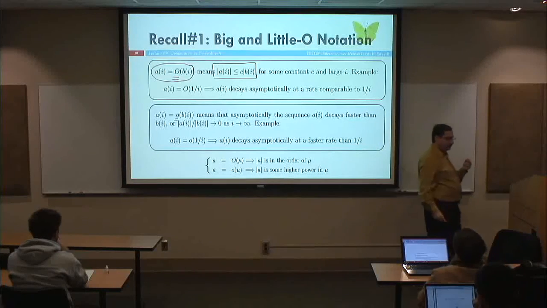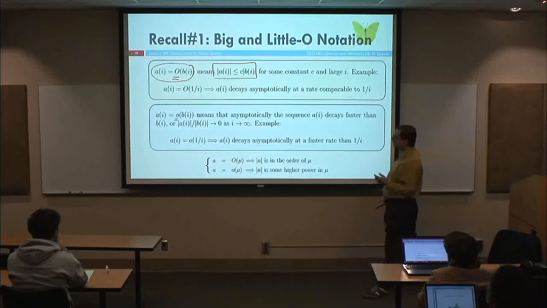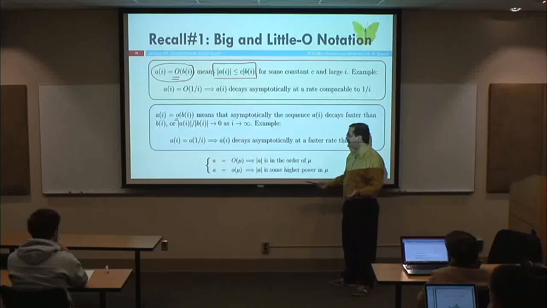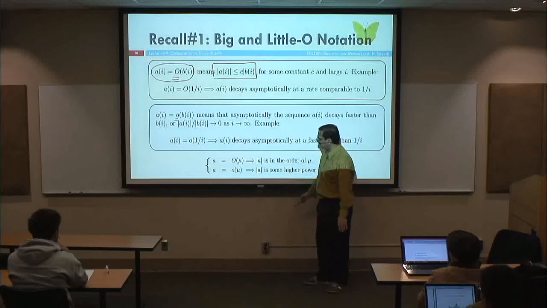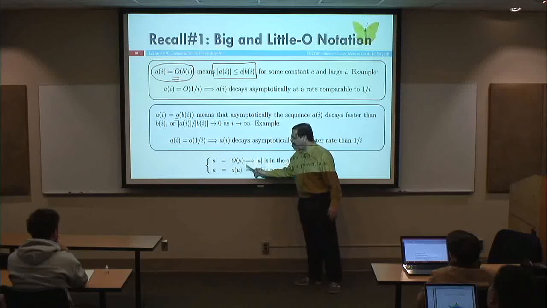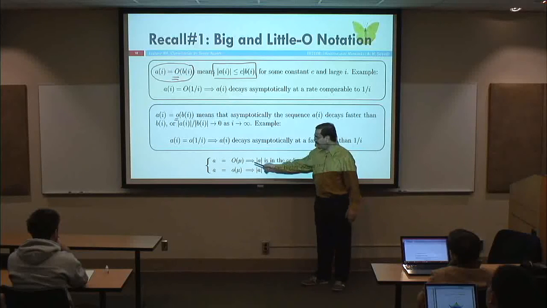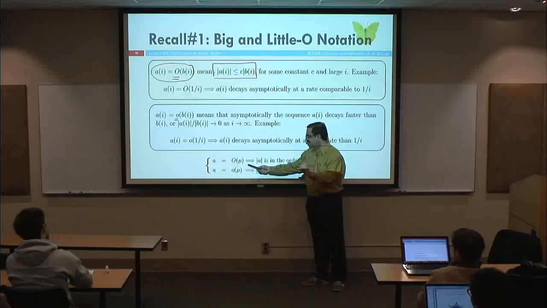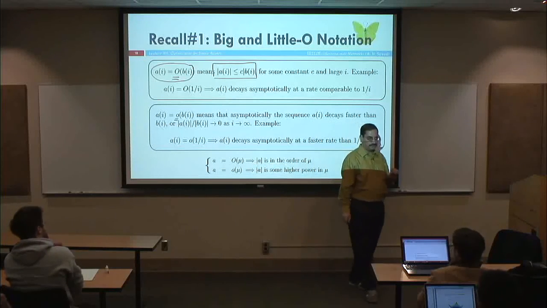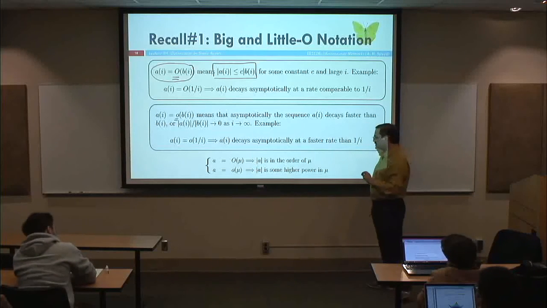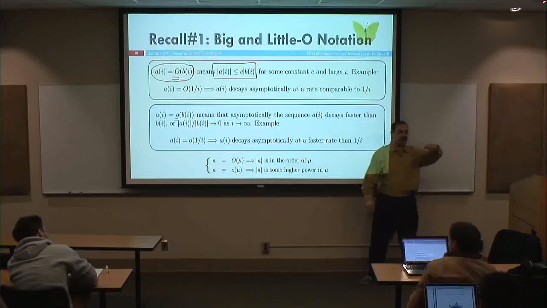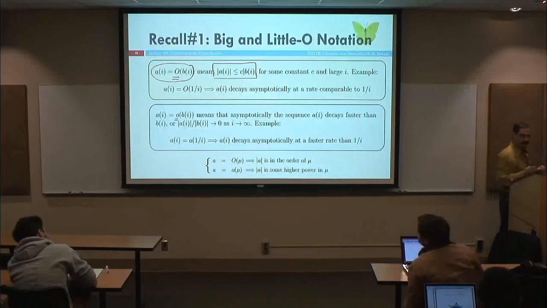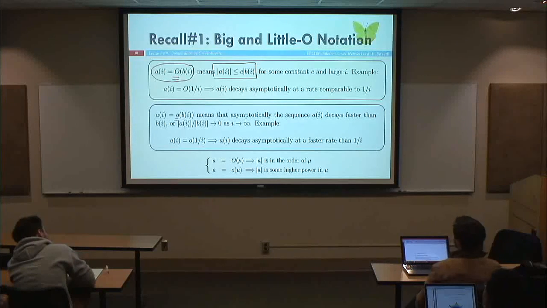So for all practical purposes, what this notation really means is this. Let's make it a constant now. If I say that something is big O of mu or little o of mu, big O of mu means that A is of the same order as mu. Little o means that A is of a higher order power of mu. So why is this useful?